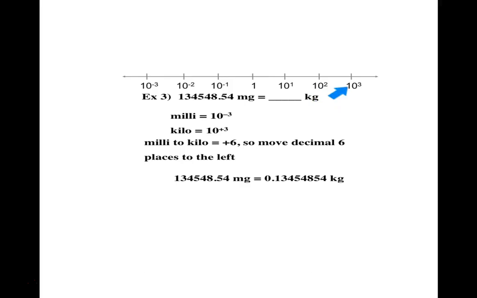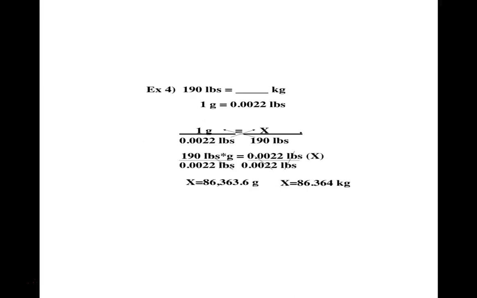And because of this, this is a movement of 1, 2, 3, 4, 5, 6 units, and because you're going from a small unit into a larger unit, we would then move that to the left. So this, which here is the decimal position, we would move 1, 2, 3, 4, 5, 6. We place that decimal position down, and that then is our value in kilograms.